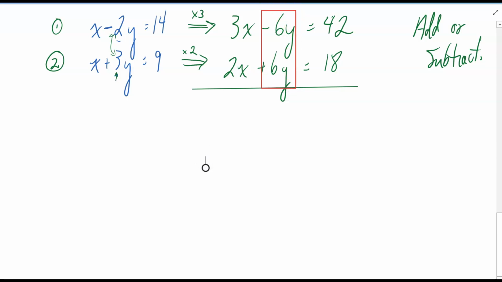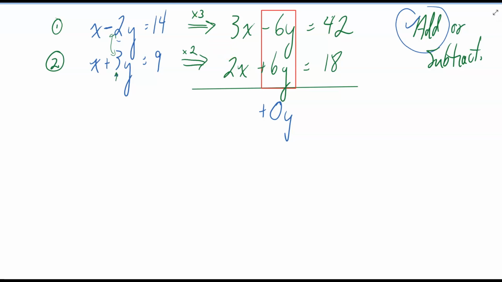How will we get 0 from this? By adding them together or by subtracting? Minus 6y plus 6y is 0y. So we must choose addition in this case.